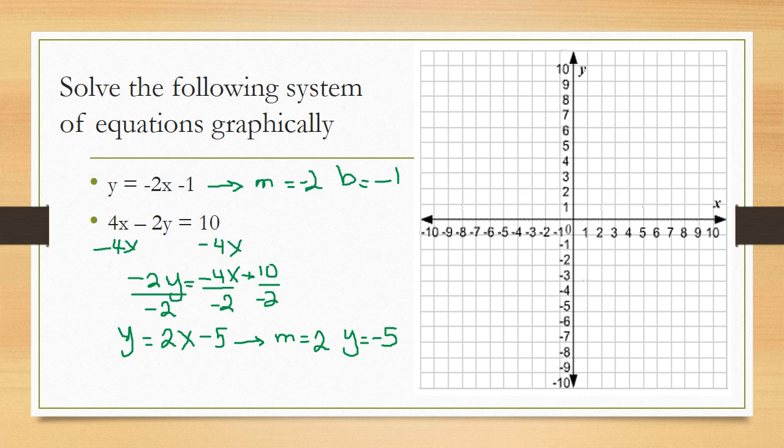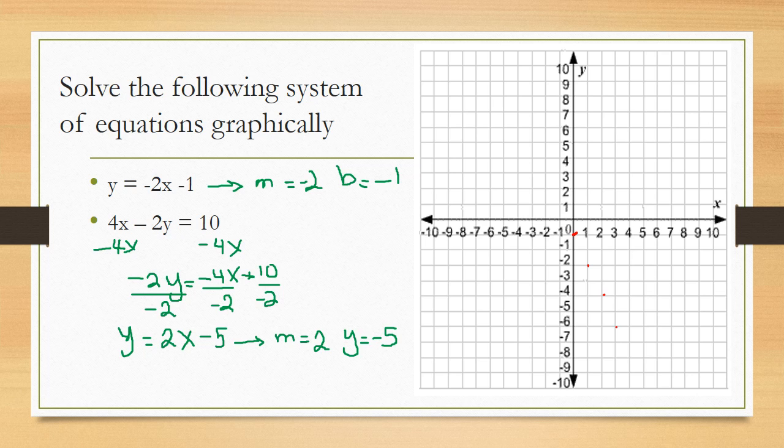So now I'm going to graph the first equation with the red color. I'm going to start at negative 1, that's the y-intercept. I need to use the slope to find another point. Since the slope is negative 2, that means I need to go down 2 units, 1 to the right, 2 units, 1 to the right.